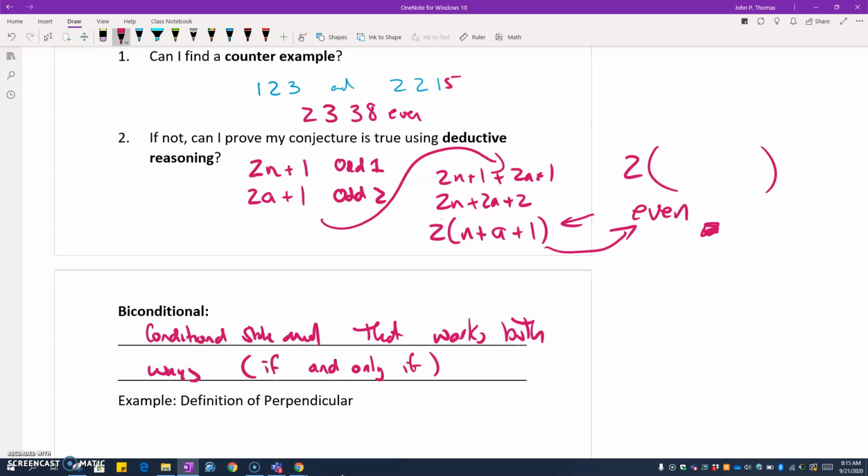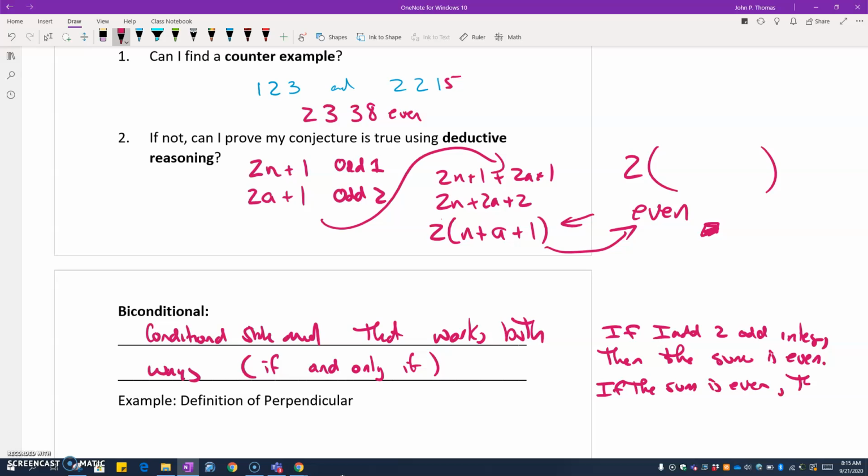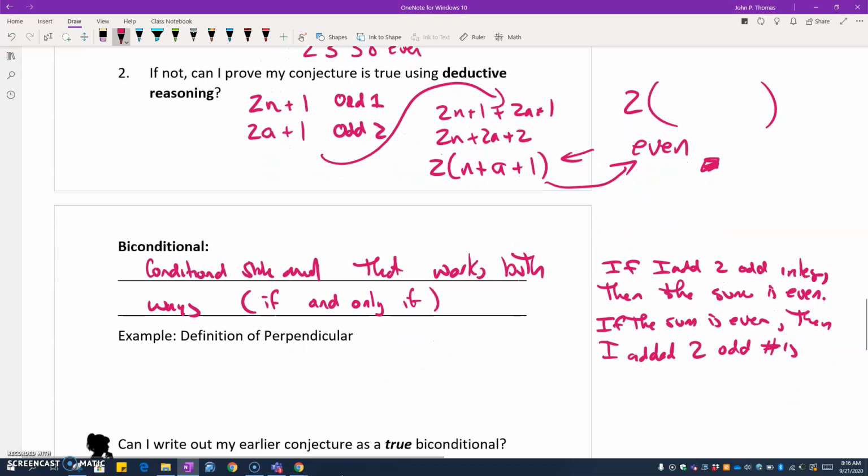So we've said if I add two odd integers, then the sum is even. All right, so if it's biconditional, then it would have to be if the sum is even, then I added two odd numbers.